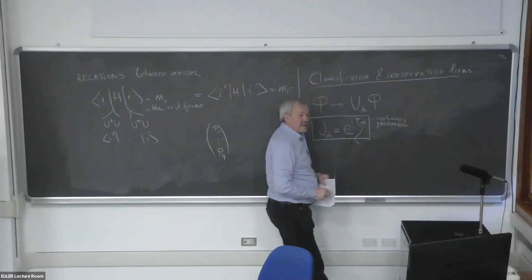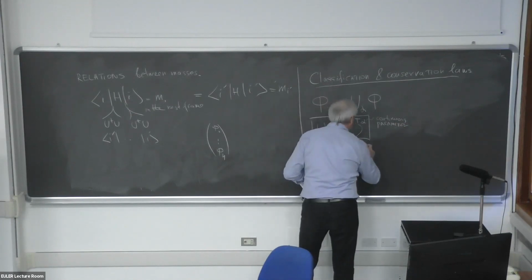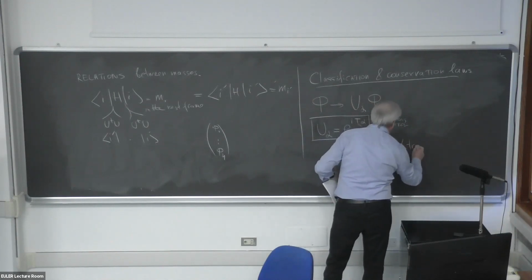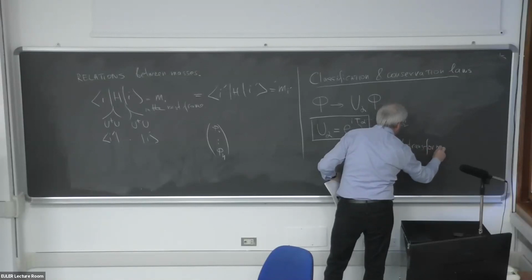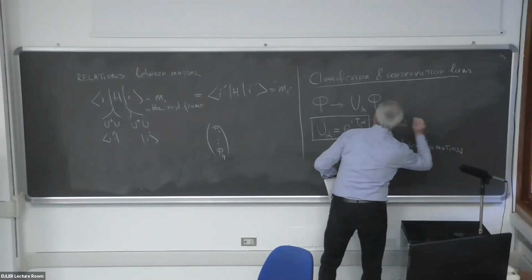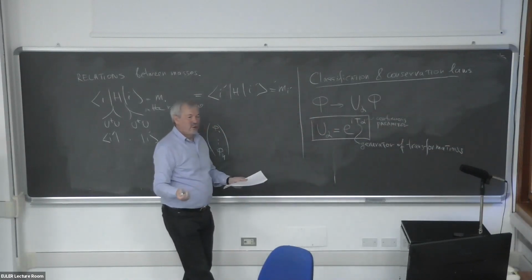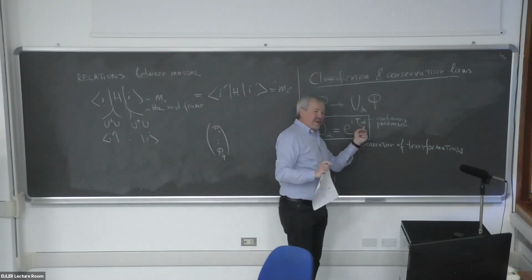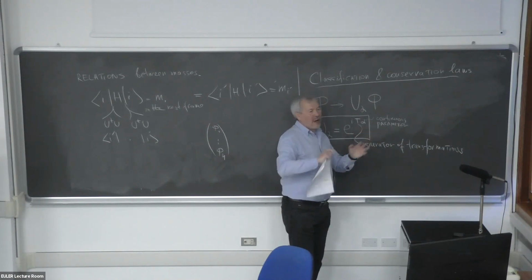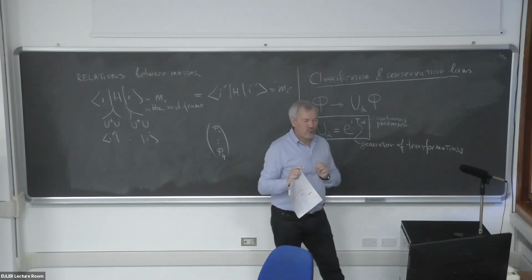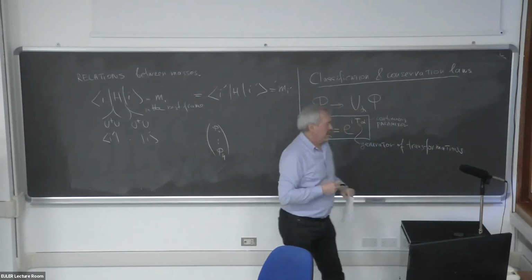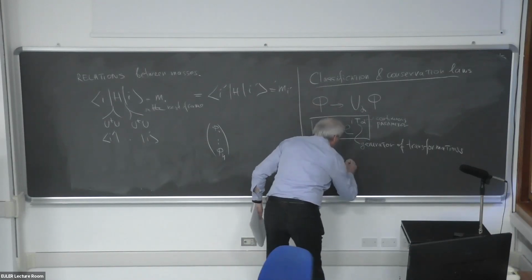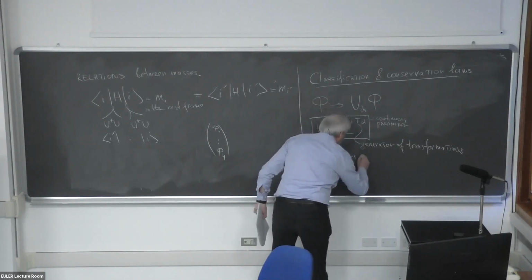And T is the generator of transformations. If you have a group like SU2, there are 3 generators of the SU2 group, and you can use 3 different parameters alpha to have general transformations in the theory. So for SU2 symmetry, we have 3 generators, which are sigma matrices or Pauli matrices, and there are 3 parameters.